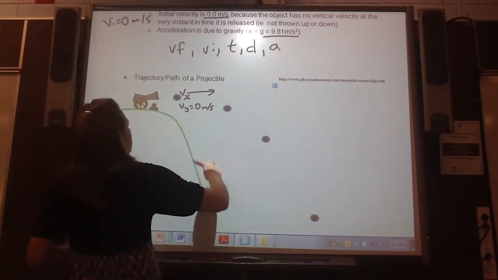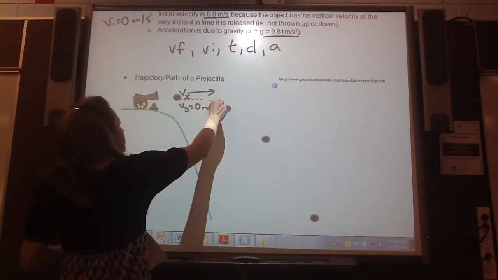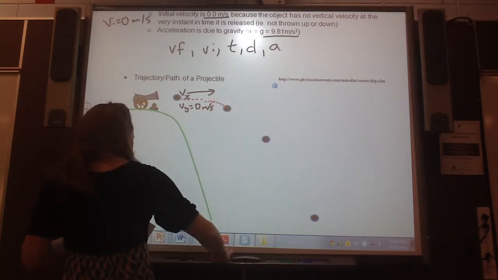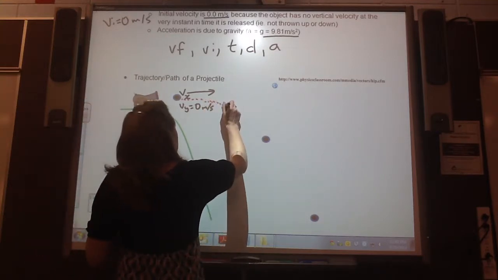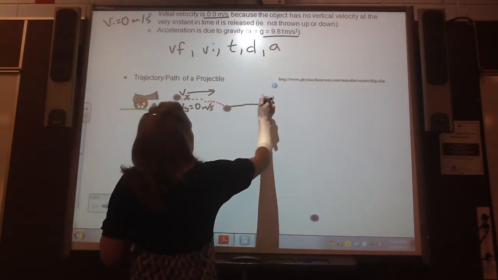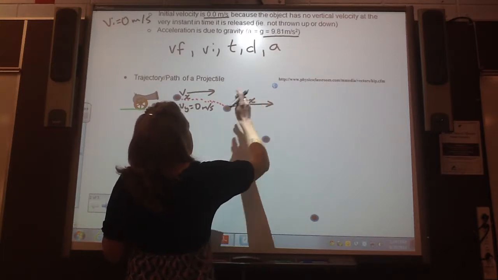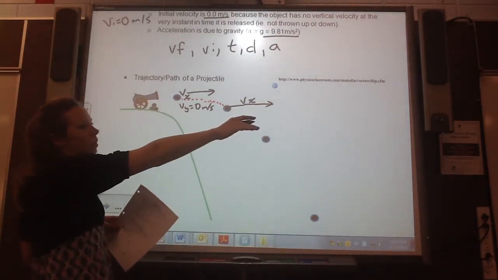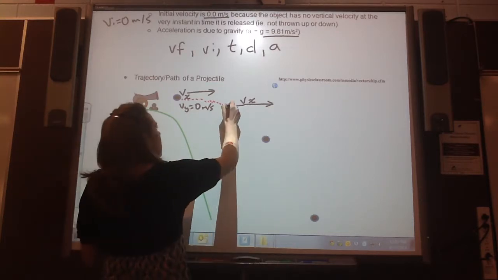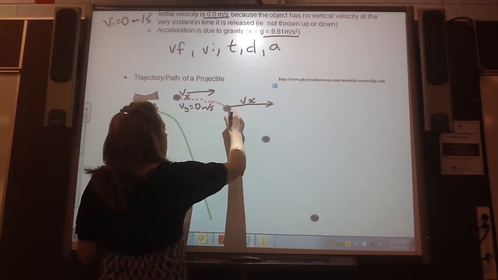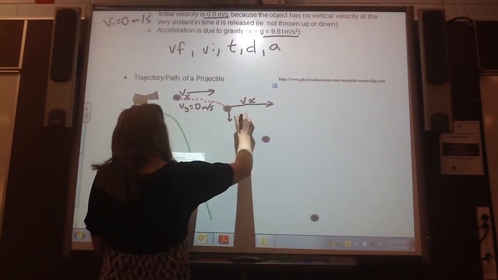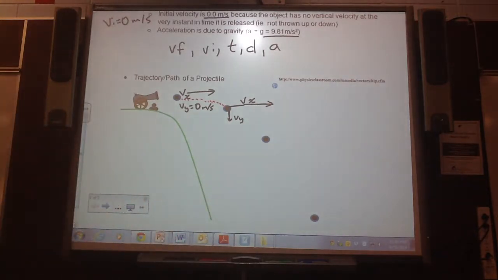Now, as this is launched off, it has a trajectory path. And here I can say that my vx is still going horizontal. But now I will have a vy here, going down a bit. And that can be calculated using our acceleration.